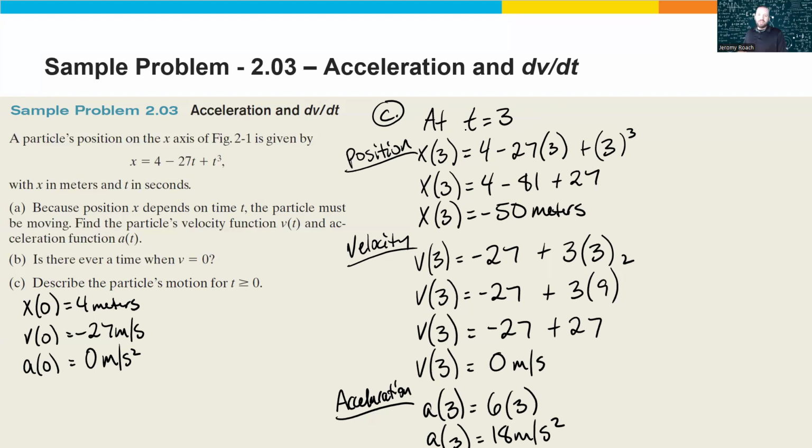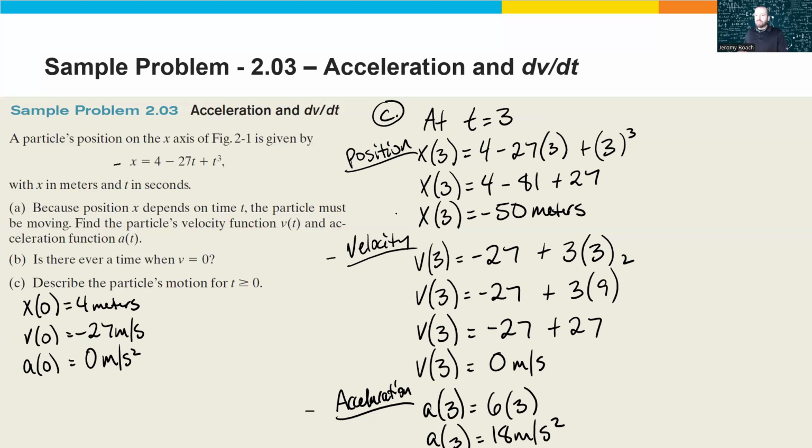When time is equal to 3, we plug in 3 for t for our position function, our velocity function, and our acceleration function. When we plug in 3 for position, we get negative 50 meters. For velocity, we get 0 meters per second. And for acceleration, we get 18 meters per second squared.